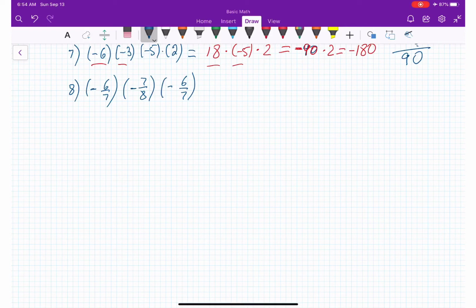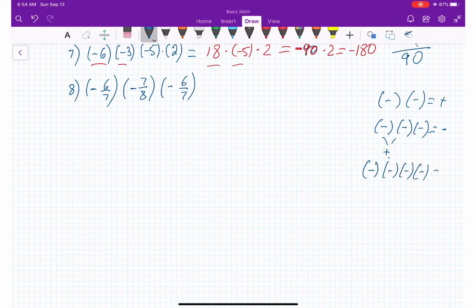We know that negative times negative is going to be positive. But if I multiply by one more negative, these two negatives make positive, and positive times negative is negative. If I multiply by one more negative, it's going to become positive.